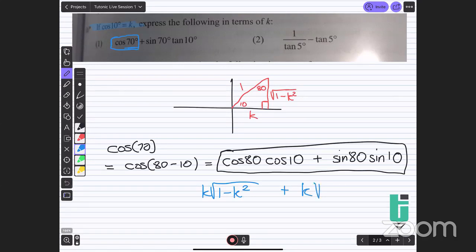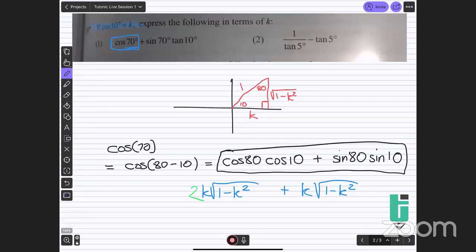So what does this mean? Can we simplify this one? Isn't it just 2k root 1 minus k squared?